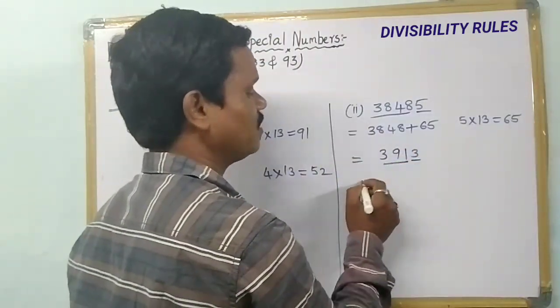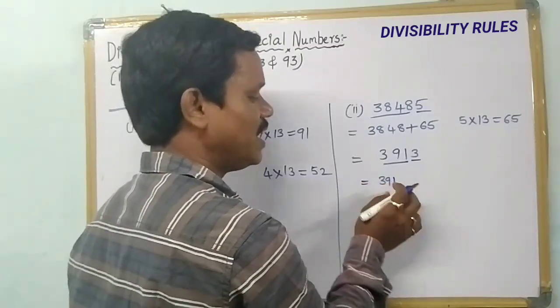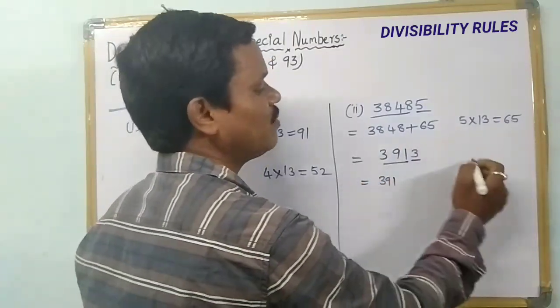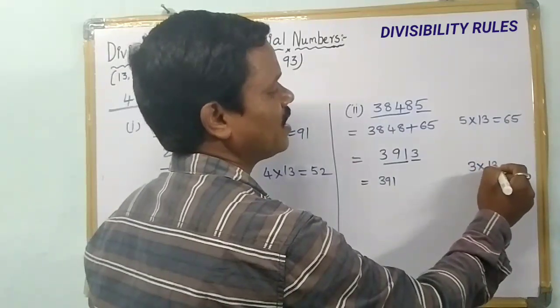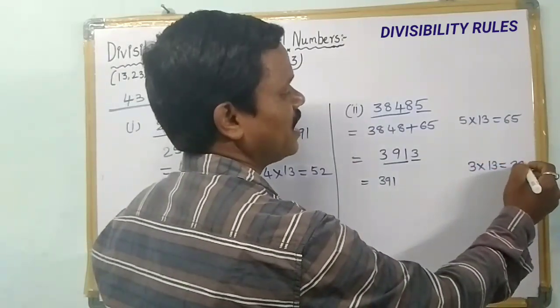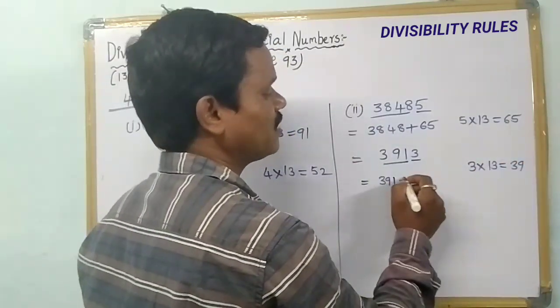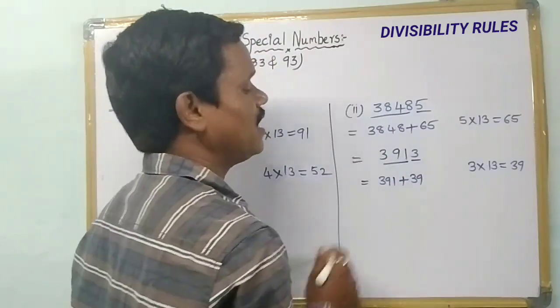First part, second part, 391. I am writing the second part as it is. Multiply the first part number by 13. 13 threes are 39. Adding 39 to the second part.